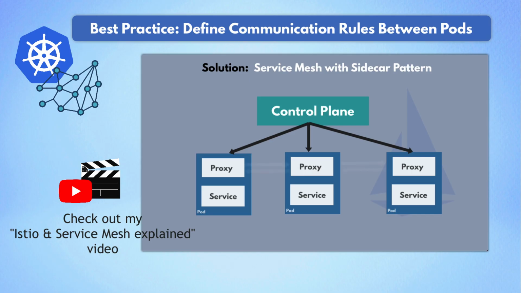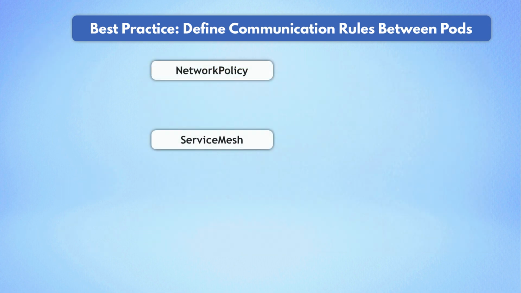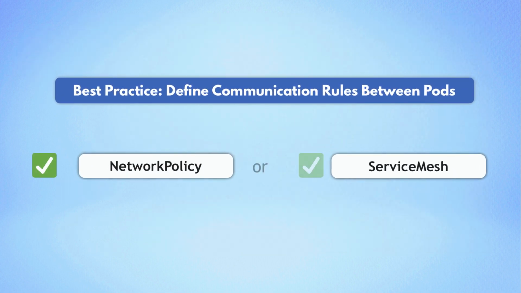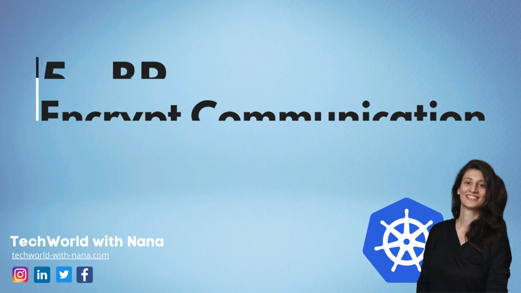So you can configure communication rules between the services on a logical level that will then be controlled or checked by the proxies that Istio uses. So using network policies or service mesh to define stricter communication rules between the pods is another security best practice.